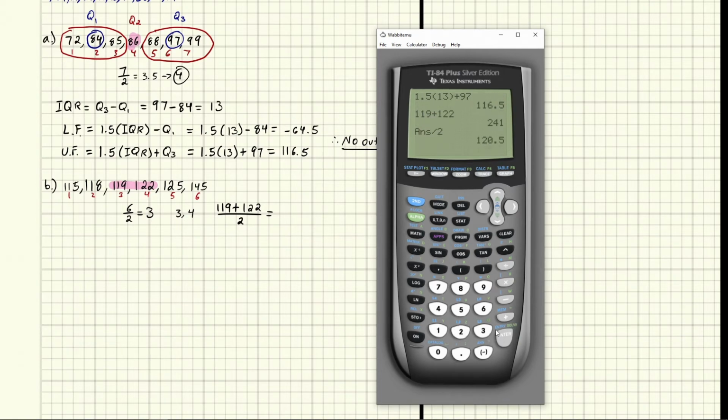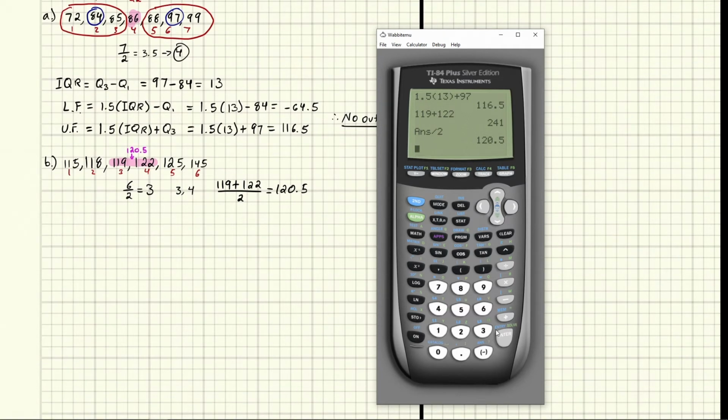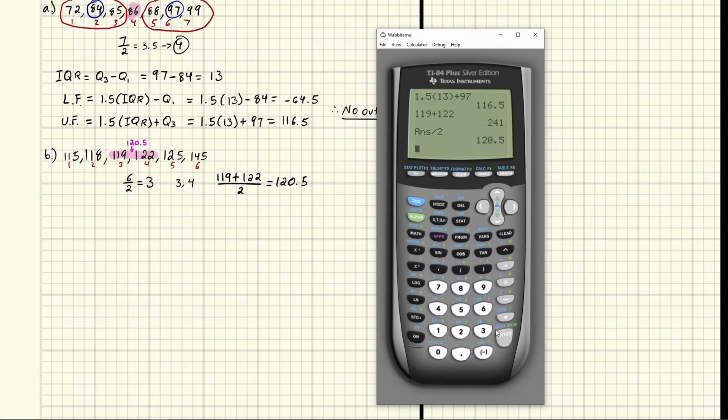And we get 120.5. So the median is actually 120.5. We don't need this for our interquartile range, but figured I'd toss it in.